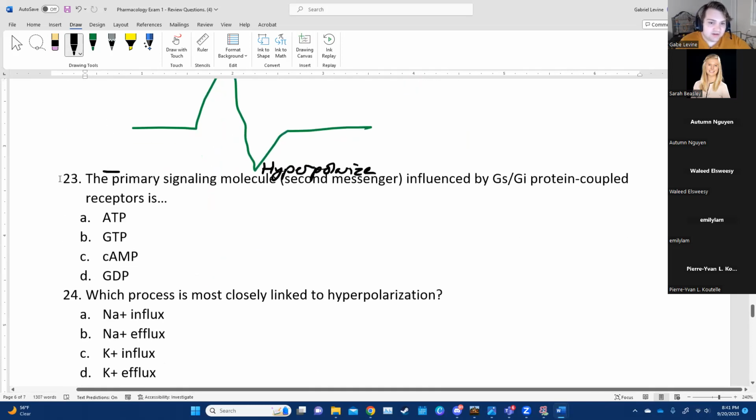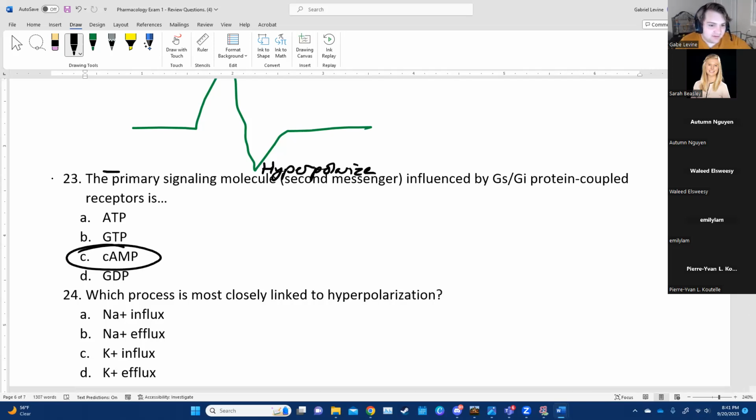The primary signaling molecule influenced by the GS-GI protein-coupled receptors is what? It is cAMP. Yes, cAMP. GTP is part of tyrosine kinase.